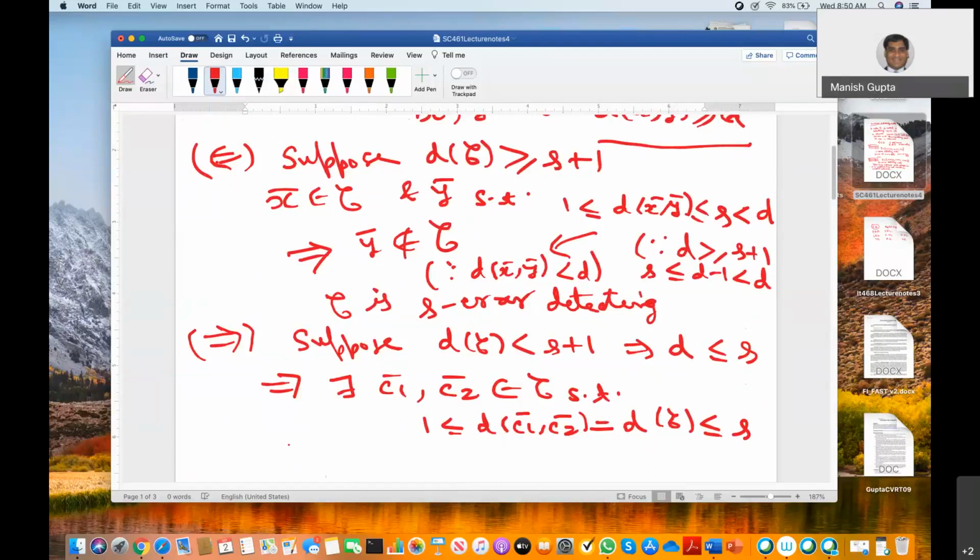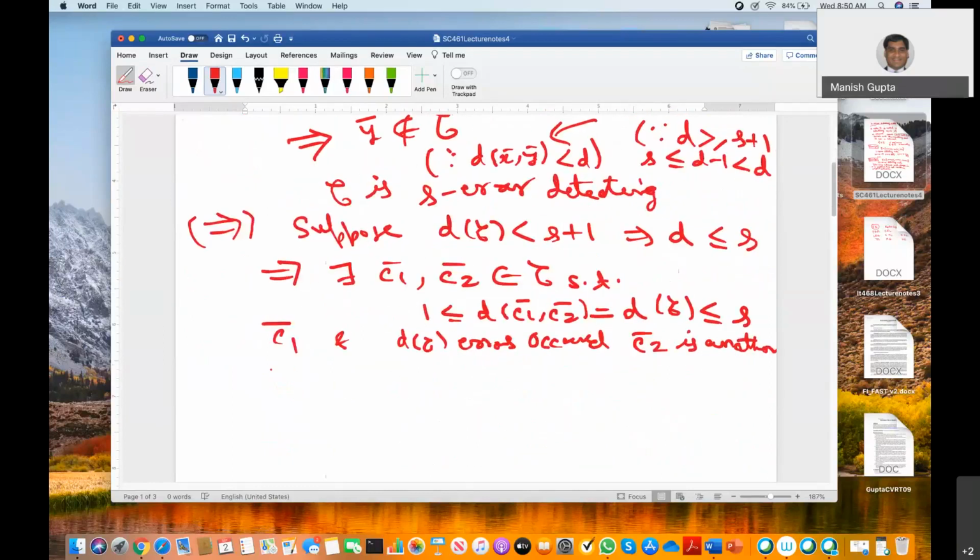This implies that we started with c1, and d of C errors occurred, and c2 is another code word, right?